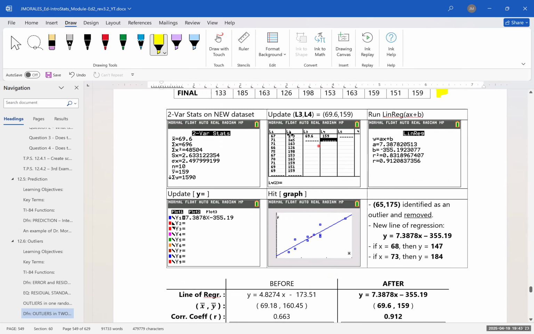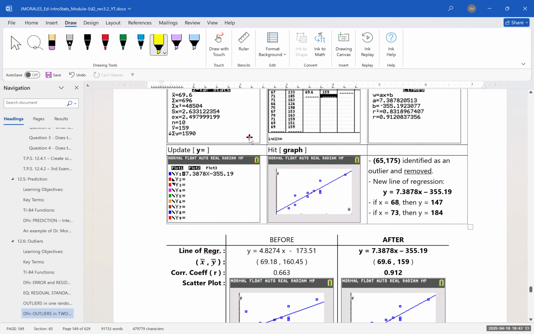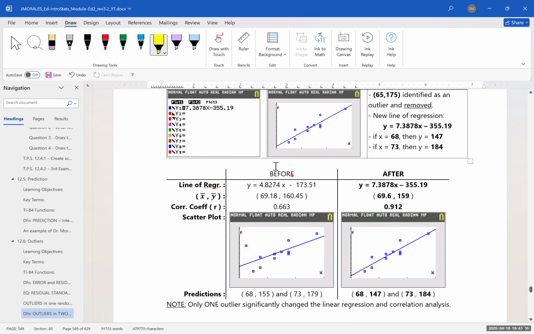If we take that one out and do a line of regression on this new data set, let's look at the differences. Before is when we had the outlier in, after is when we had the outlier out. You can see the line of regression with the outlier is different from the line of regression without it.